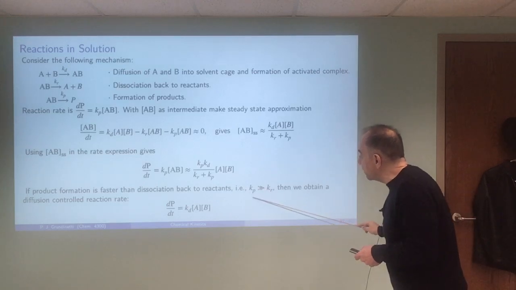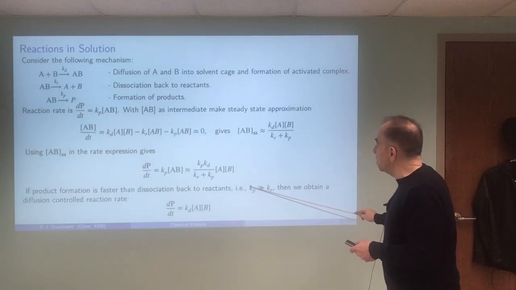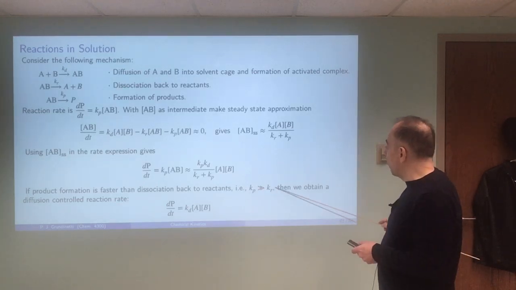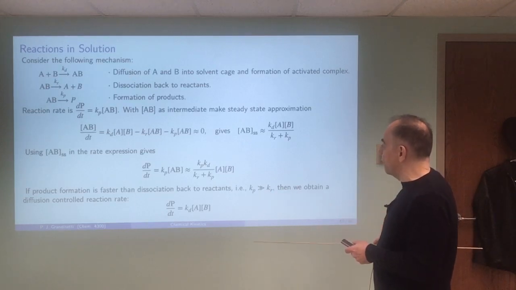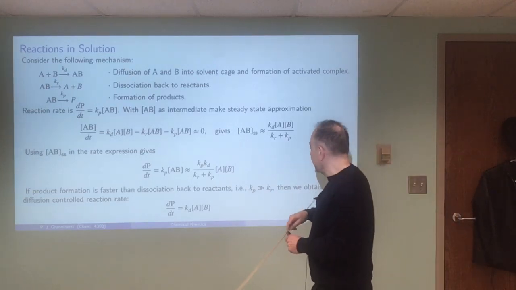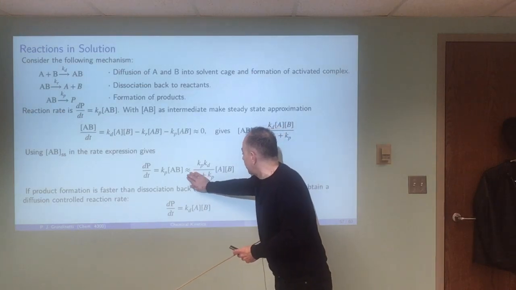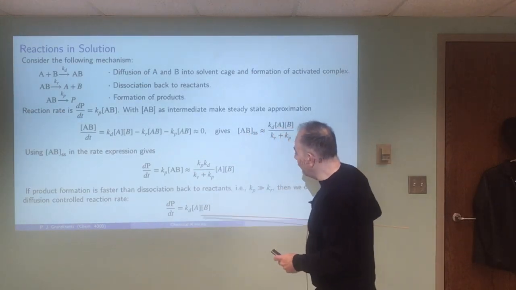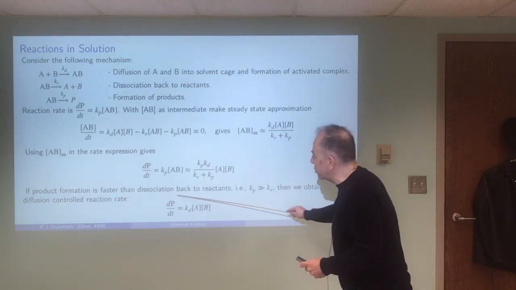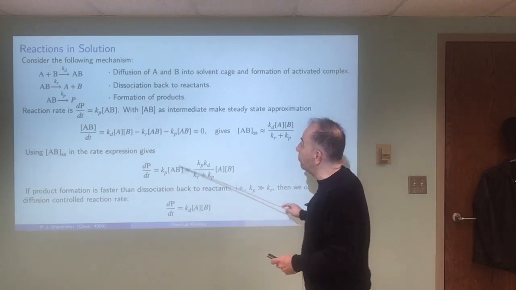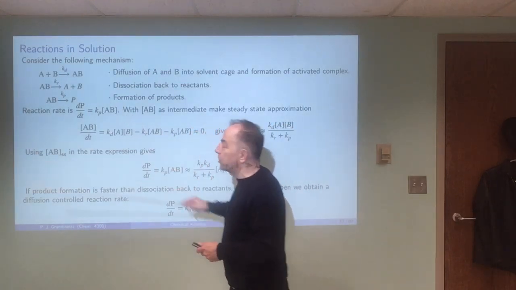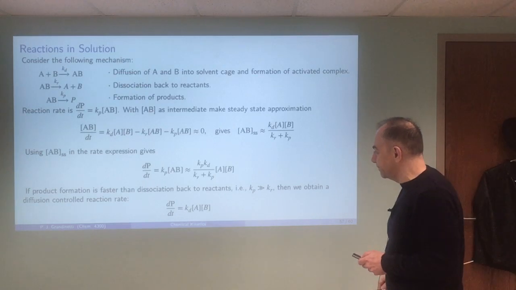We're going to say that the rate at which they react is much greater than the rate at which they go back to the reactants. Then we can ignore this term, and we're left with a reaction rate that's just determined by the rate constant associated with them diffusing together.